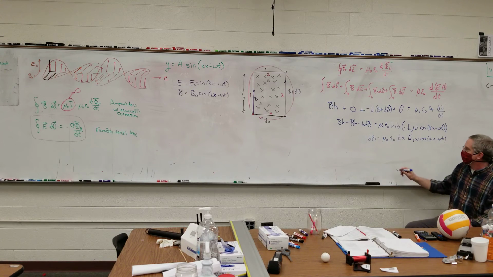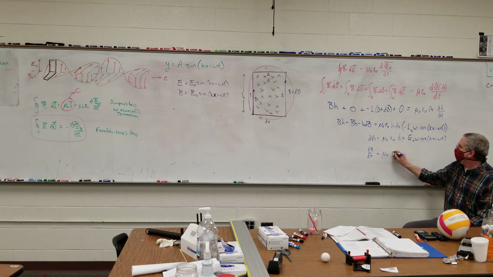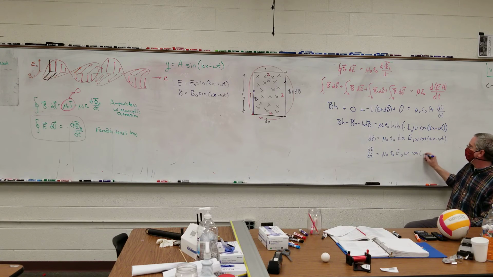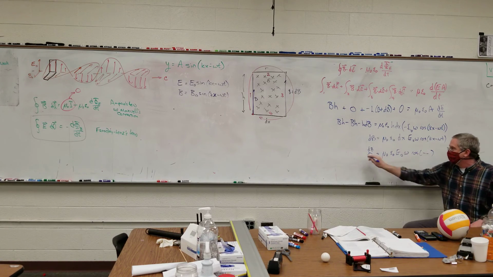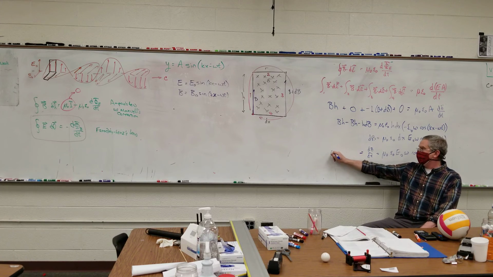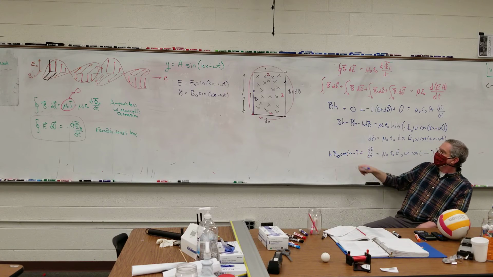Divide by dx, just like before. So we have dB dx equals mu naught epsilon naught E naught omega cosine of yada yada yada. What is the derivative of B with respect to position? k B naught cosine kx minus omega t.